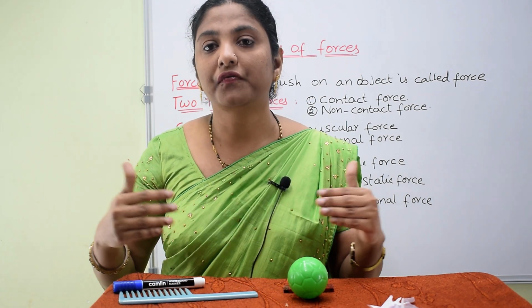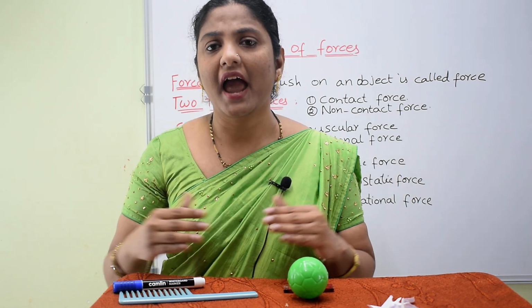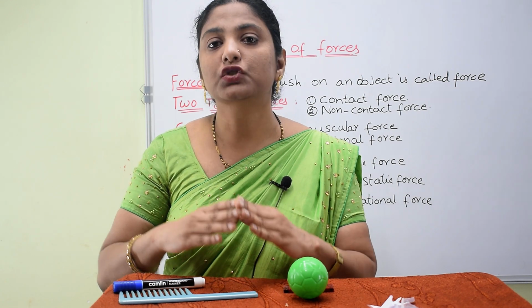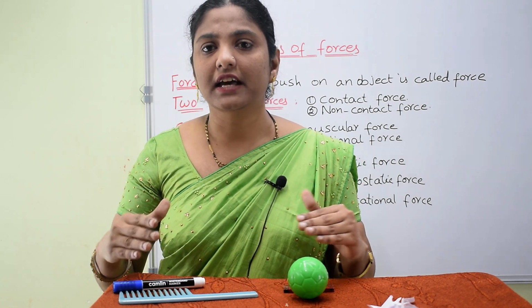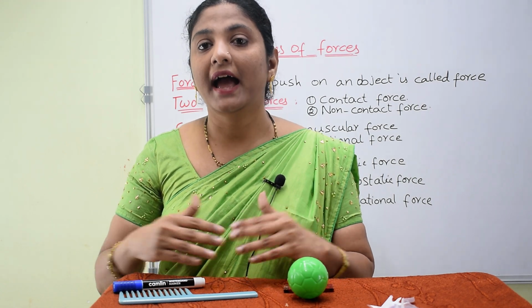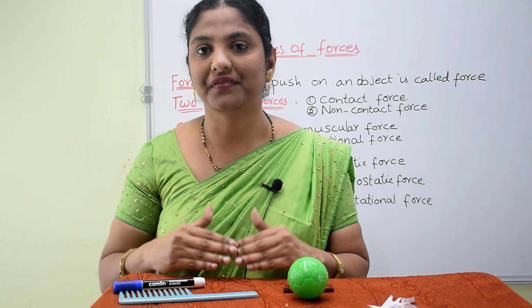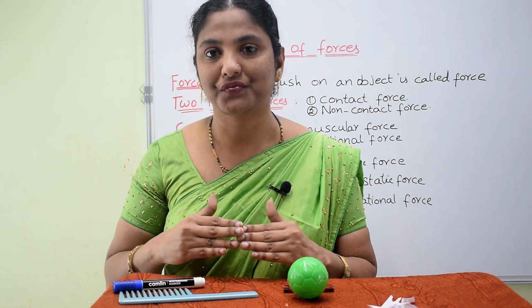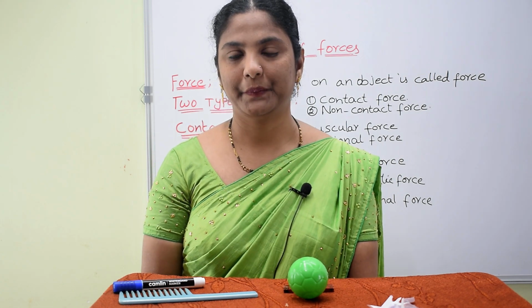The frictional force is more on rough surfaces and less on smooth surfaces. This force helps us move freely on rough surfaces. Such a force is called the frictional force.